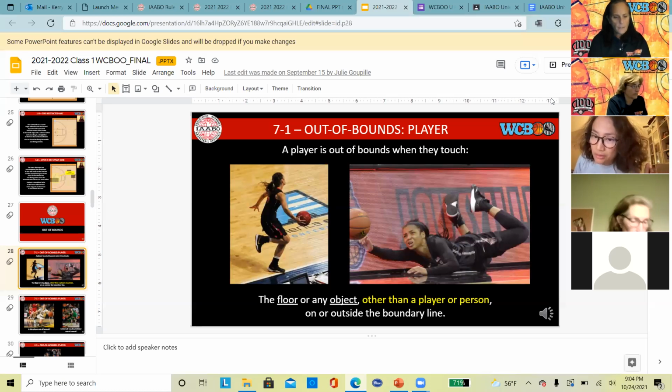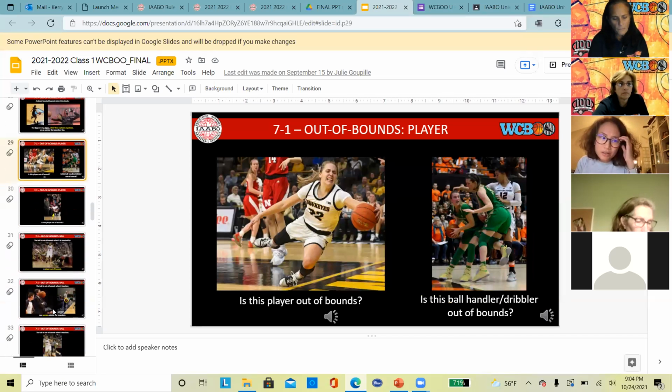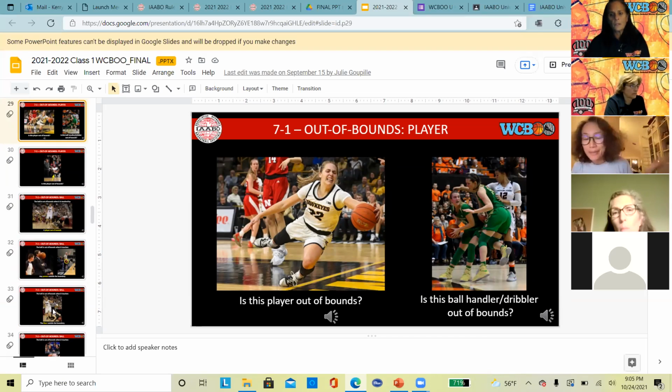Carrie, do you want to go through and see if there's a slide there? The question is, if the ball hits the basket on top and then bounces up and hits the light in front above the backboard, is that considered out of bounds, because it bounced and then came back in?